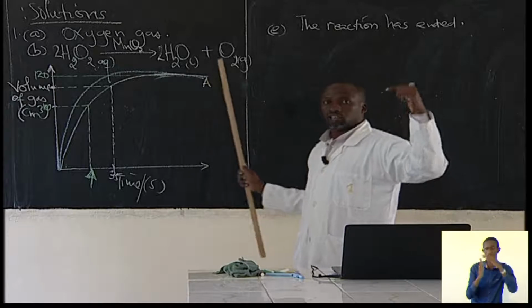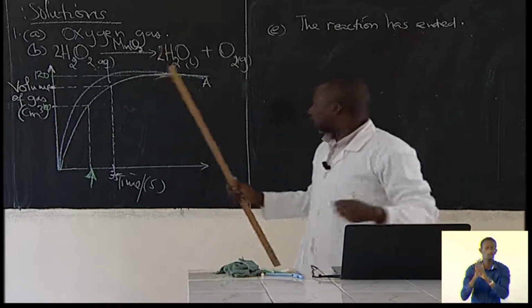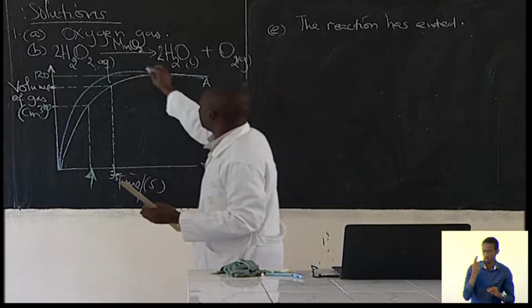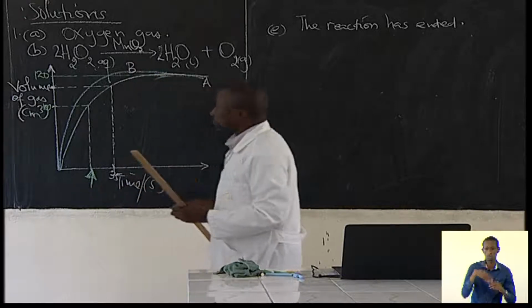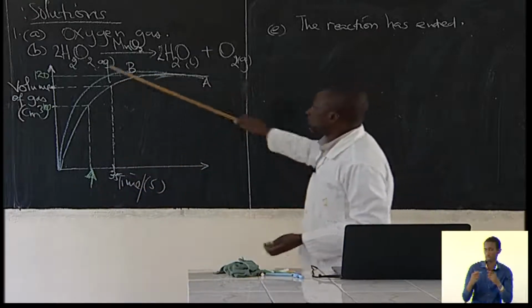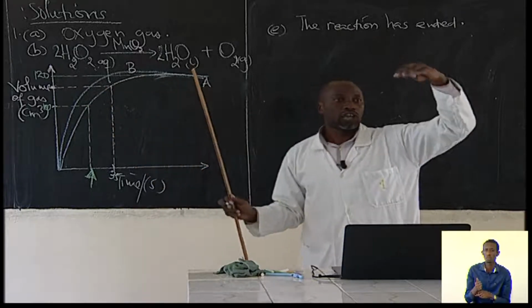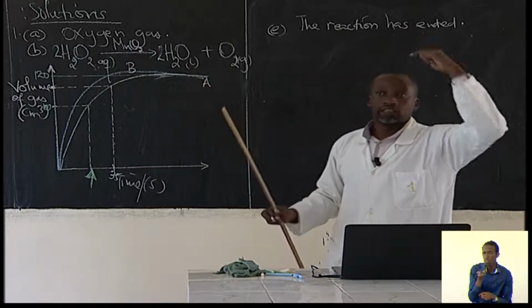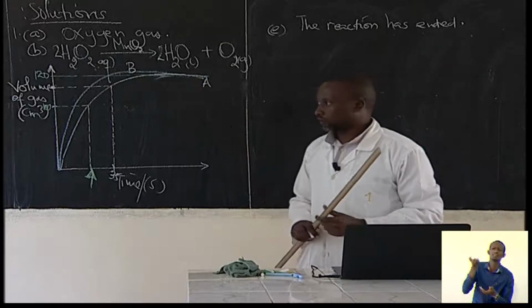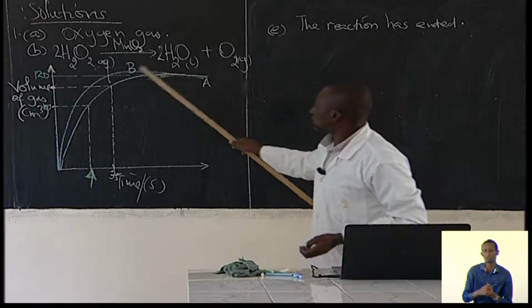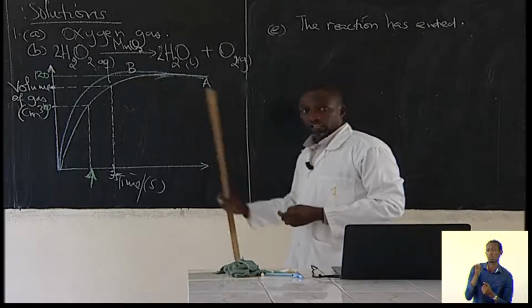But one is faster than the other. So we label this one B. So this one is labeled B. It should be slightly above this A because of the high temperature and high increase in the rate of the reaction. So that is why it is slightly above this A.